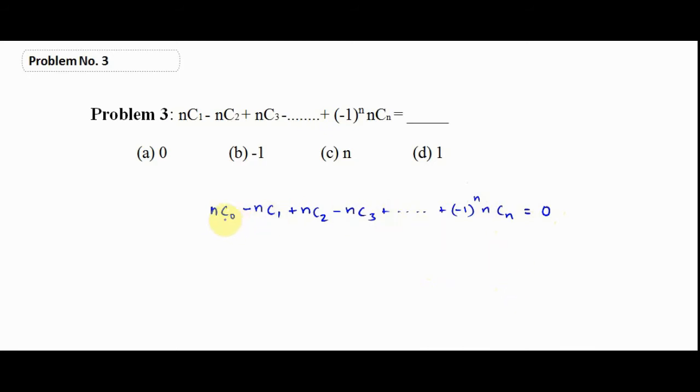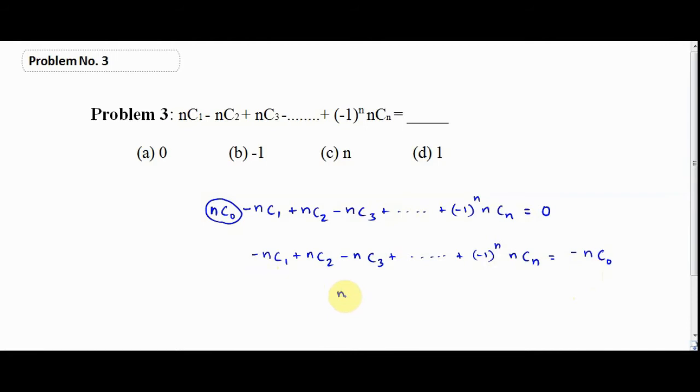Now if we take this first term to the right hand side, what we get is −nC1 + nC2 − nC3 + etc. + (−1)^n·nCn equal to, when nC0 comes to the right hand side, it becomes −nC0. Now just multiply both sides by −1.